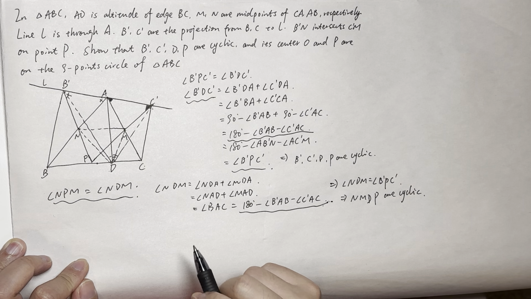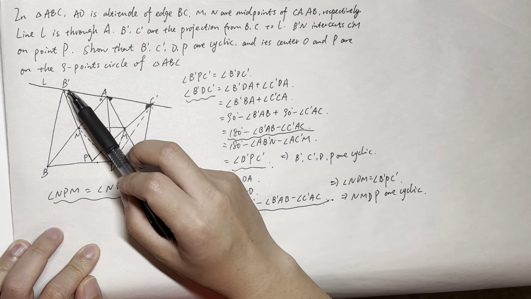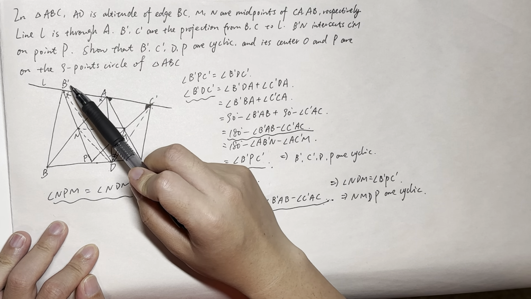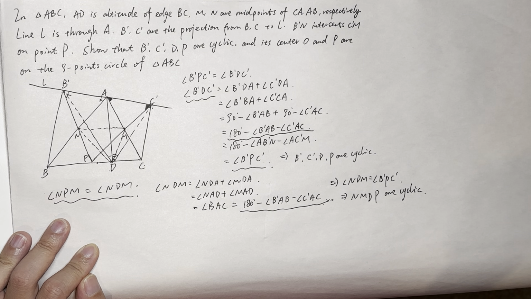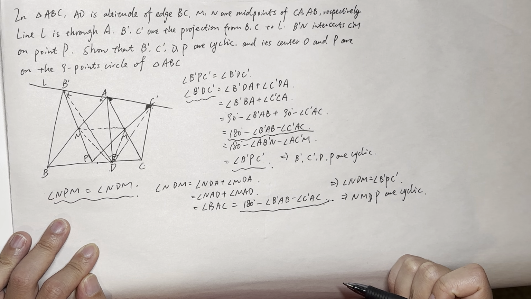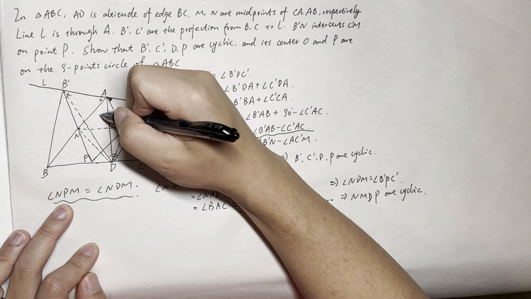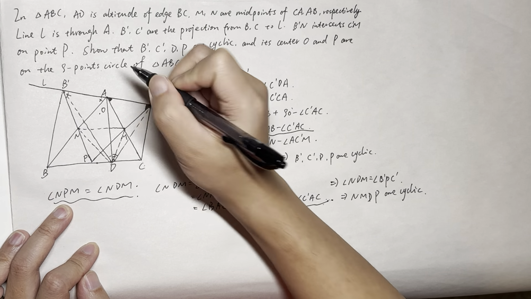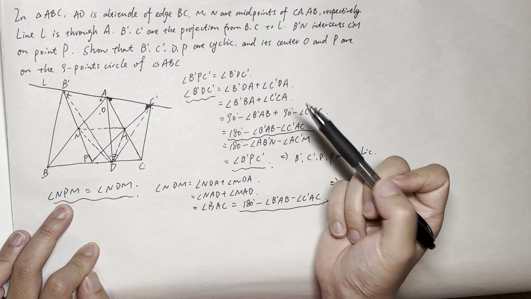Now we just need to prove that the center O of the cyclic quadrilateral B prime C prime DP is also on the 9-point circle. We find the center O of the quadrilateral B prime C prime DP here.